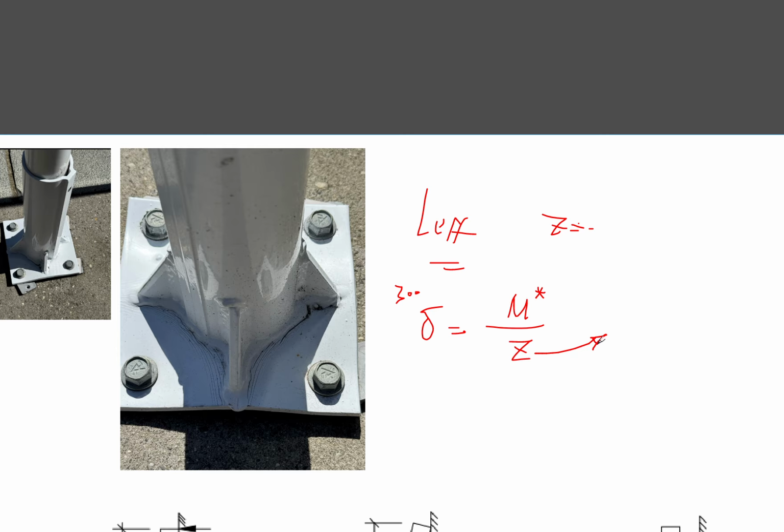And your section modulus is known because you can get that from b d squared over 4. Then you can get your moment, that's the plastic moment of your base plate, and your sigma is known. You can choose 300 or 350 steel, whatever it might be, and you can get your M_p.